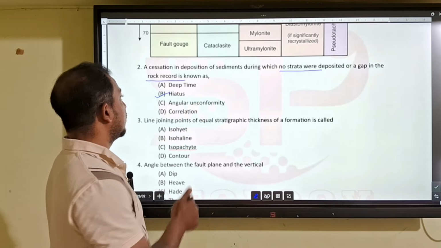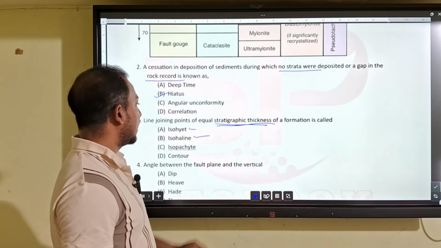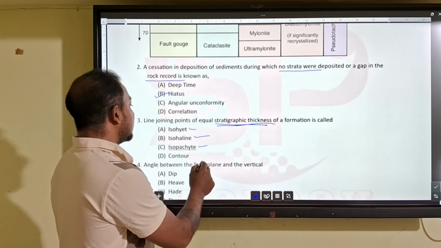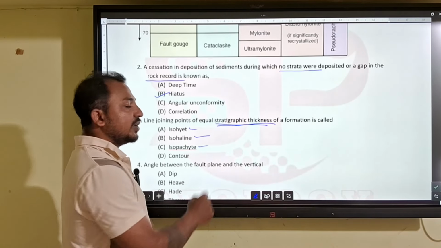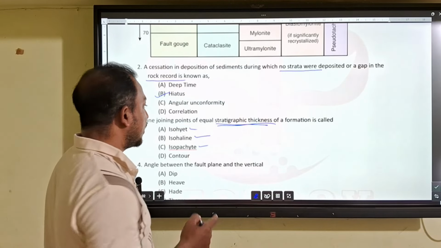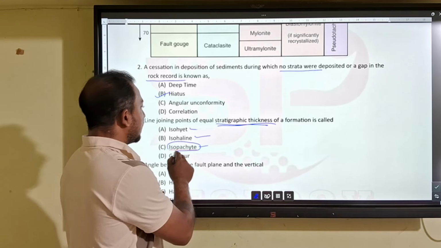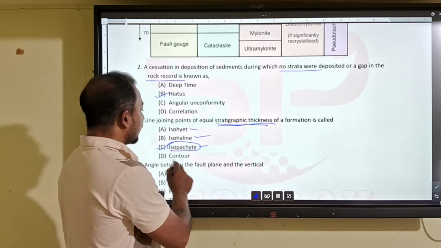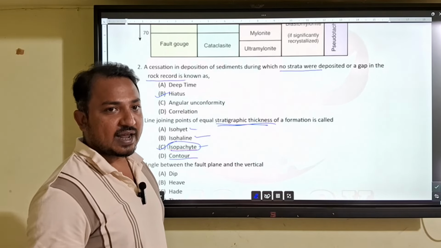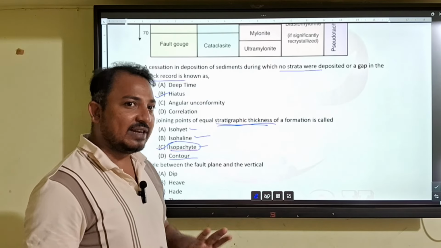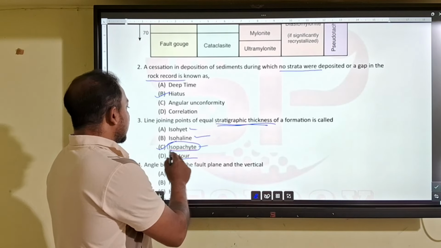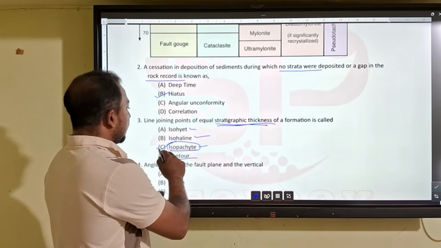That means a line joining equal salinity, a line joining equal rainfall. Isopachite indicates equal thickness. So a line joining points of equal thickness is called your isopachite. The answer will be C. Then contour is the line that joins equal elevation. So the answer will be isopachite.